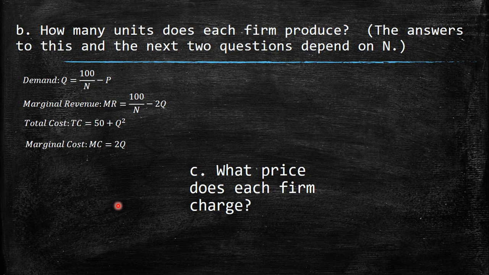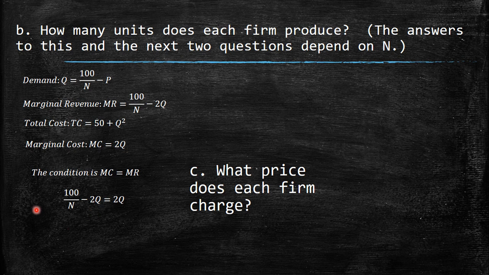So we have again our curves. Remember, the condition of every firm is that the marginal cost should be equal to the marginal revenue. You take the marginal cost, which is going to be 2Q, and the marginal revenue should be this one.